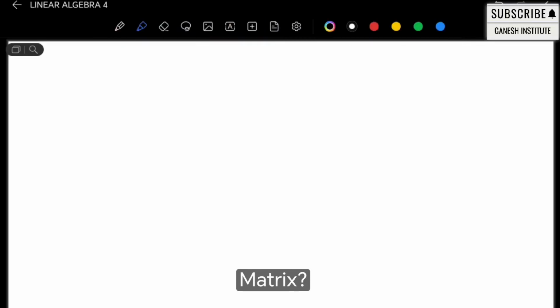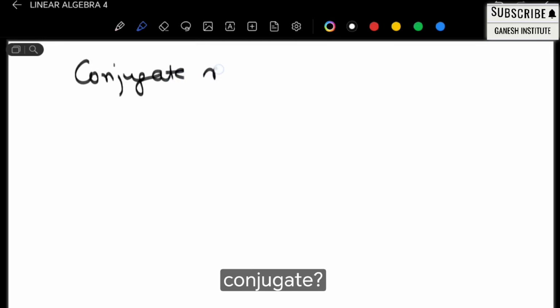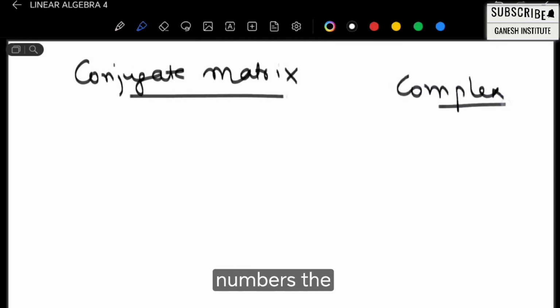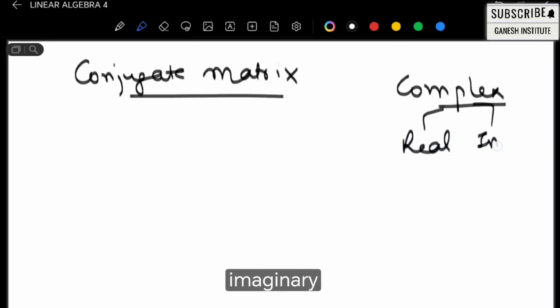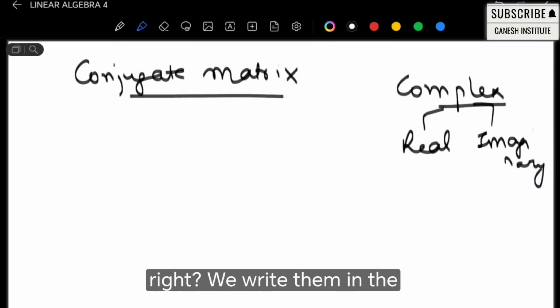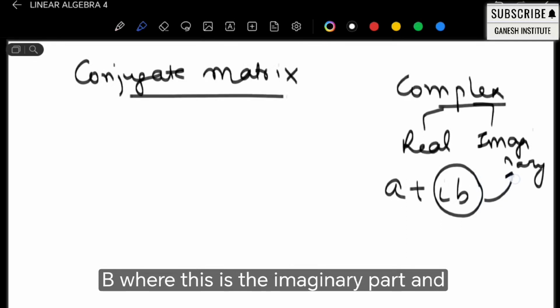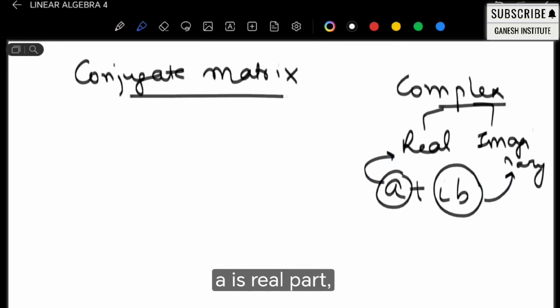What is a conjugate matrix? When we say conjugate, does it sound familiar to you? Yes. Do you know complex numbers? The numbers which have real and imaginary part, right? We write them in the standard form as a plus iota b, where this is the imaginary part and a is real part.